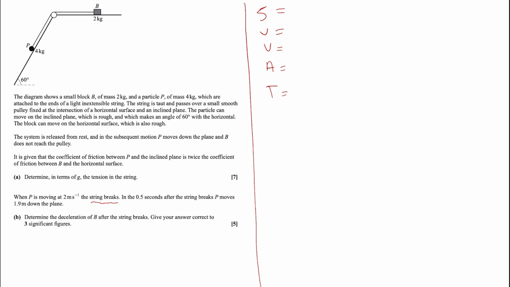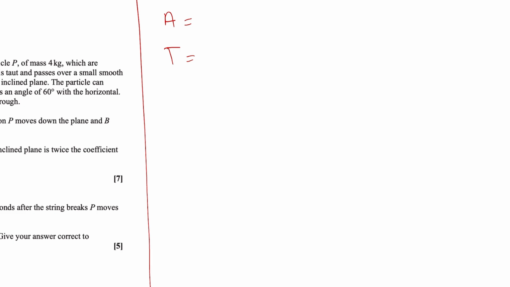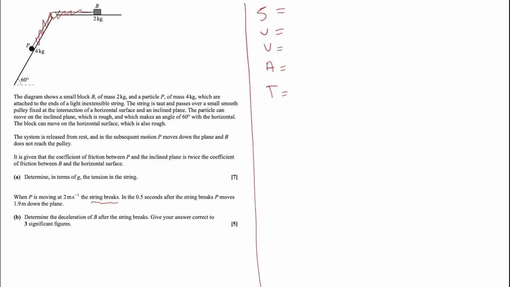So what's happened? The string's kind of broke, and so P's falling. Okay, P's falling down the plane, and it means P and B are no longer connected. So there's no tension as well, which is quite interesting. So after the string is broke, P ends up moving 1.9 meters. So S is 1.9. We're told it's when it's moving at 2 meters per second. So U is 2.